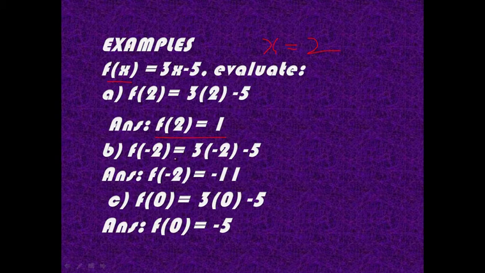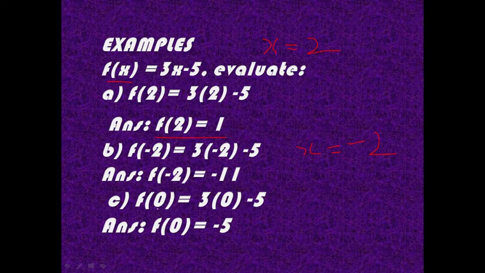So b is f of minus 2. Same thing, x is equal to minus 2 in this case. So 3 into minus 2 would be minus 6, and minus 6 minus 5 would be minus 11. The answer would be f of minus 2 is equal to minus 11. Simple? Okay, so c. Now f of 0 is nothing different.